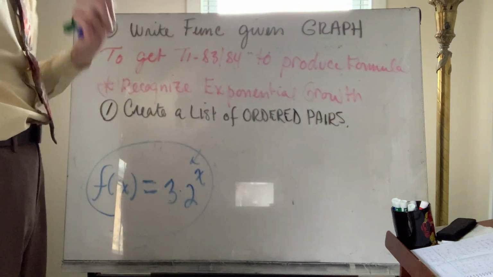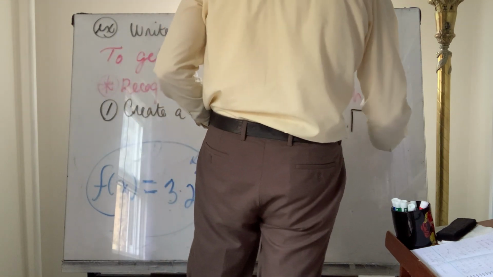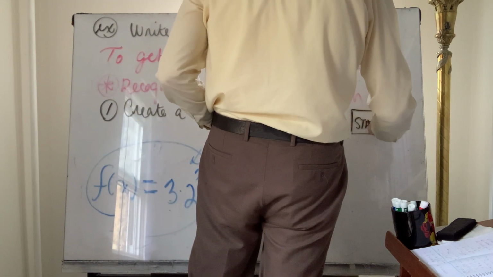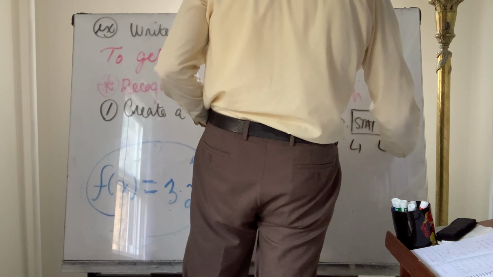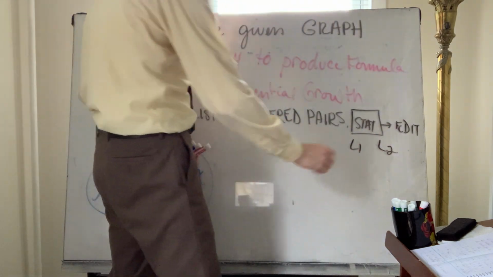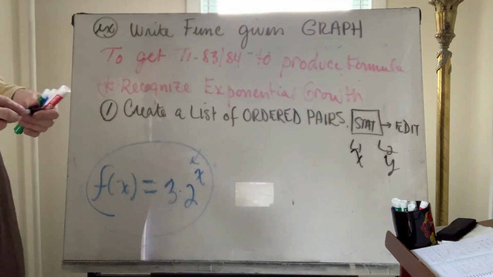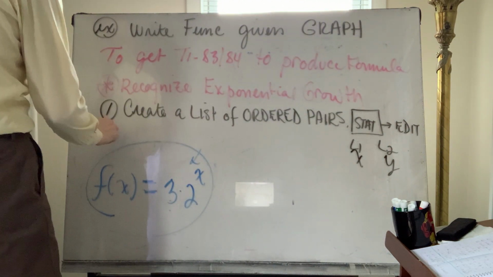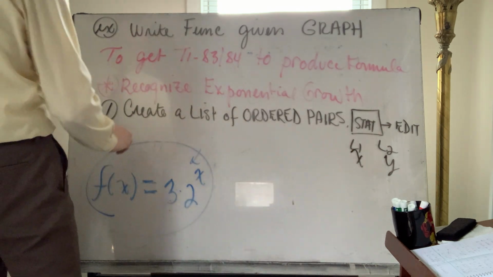In this case, what you'll do is there's a button on your calculator that looks like this. If you hit Stat, and then you just go over to Edit, what should be List 1 and List 2, assuming that they're empty, make List 1 your X's and make List 2 your Y's. And then press the Stat button again.